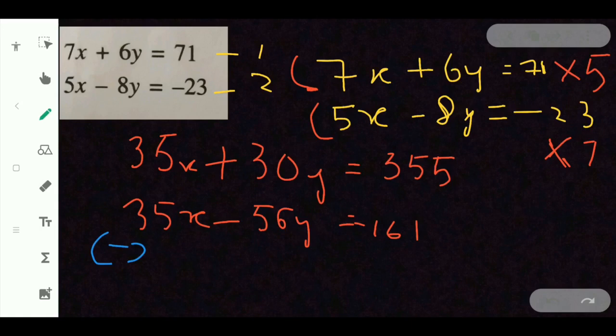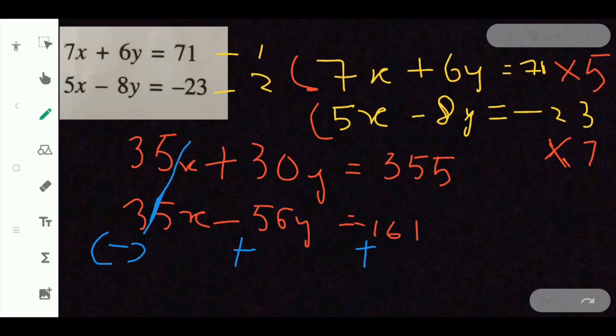So obviously all the signs will change, that is the plus becomes minus and minus becomes plus. So here plus became minus, here it is minus, so it will become plus, and here it is minus, so it will again become plus. Now 35x and 35x are cancelled.